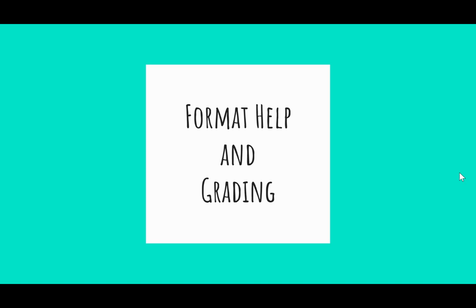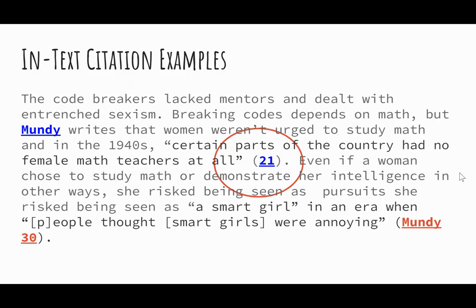Format help and grading here very quickly. Quick reminder. If you have the author in the sentence, Mundy writes that women weren't, all you need is the page number. If you don't, people thought that smart girls were annoying, you need the author and the page number.